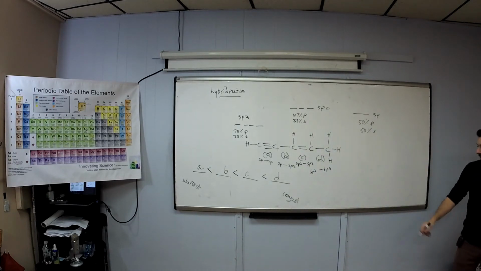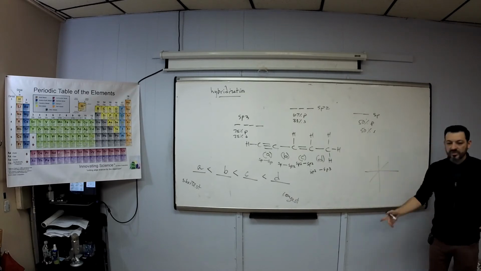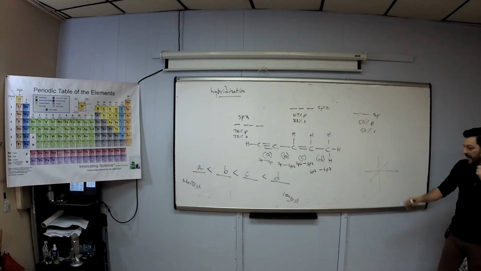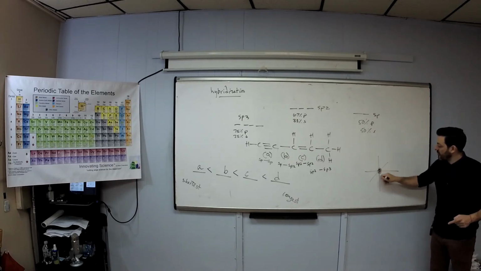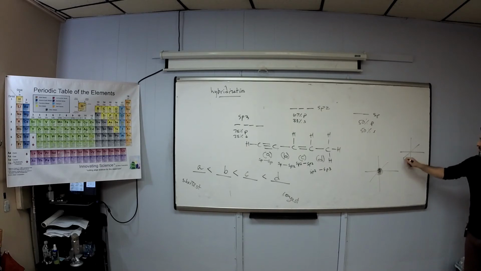So here's the point. Remember how we did the picture of what an s orbital is? Remember the wave function, all that? In an s orbital, the density is right closer to the nucleus. In the p orbital, let's say it's the px, py, pz, doesn't matter, it looks like this, where the density is more of a distance from the nucleus.